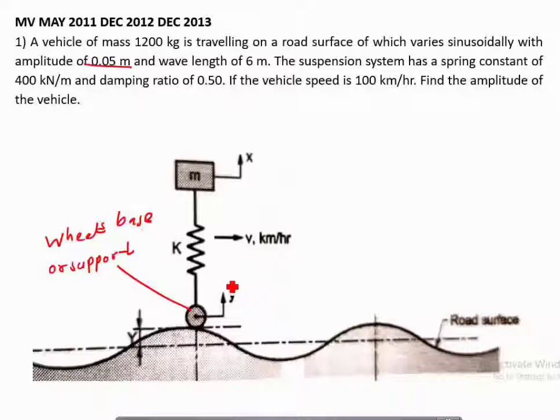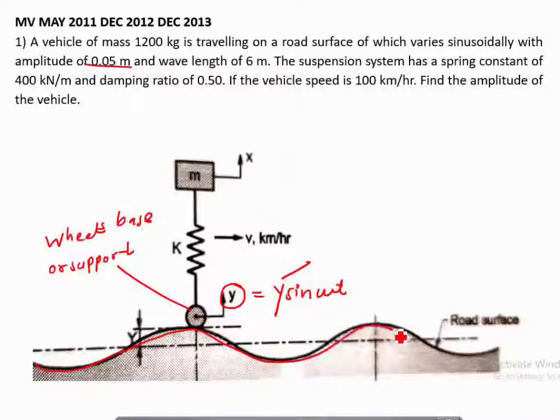Now the excitation to the base or the wheel is nothing but y, which is equal to Y sin omega t, where Y is nothing but the absolute amplitude of the base excitation, and y is the absolute harmonic displacement. The excitation to the base or the wheel is due to the rough road surface, which varies sinusoidally in this manner.